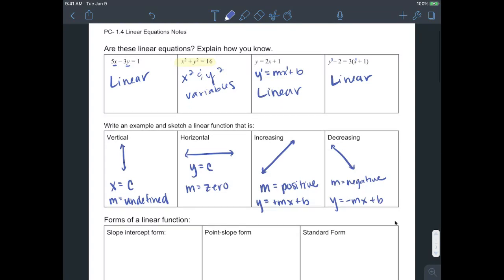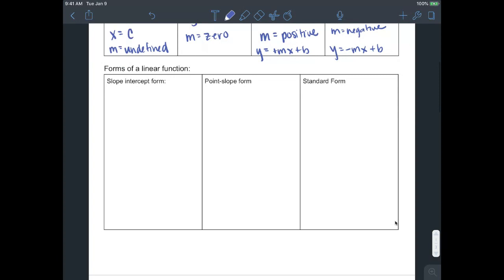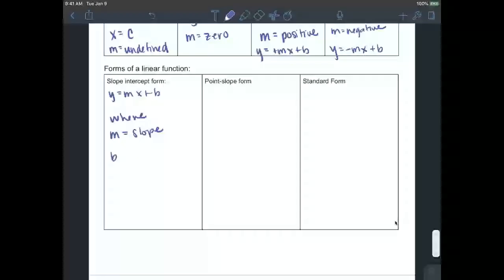All right, next up is forms of linear functions. So we already talked about this in class. We have slope-intercept, which is y is equal to mx plus b, where m is equal to the slope and the b value is your y-intercept value. Okay, it's a fancy form of slope point.